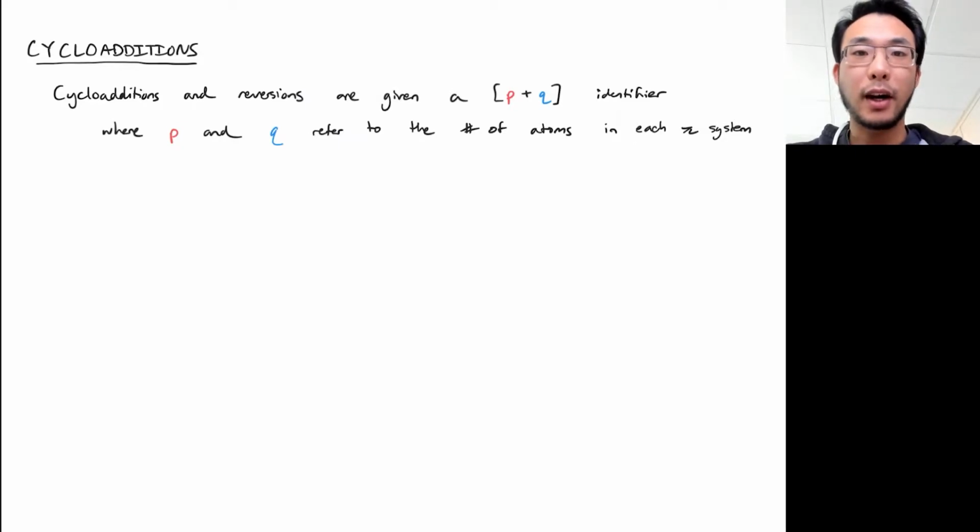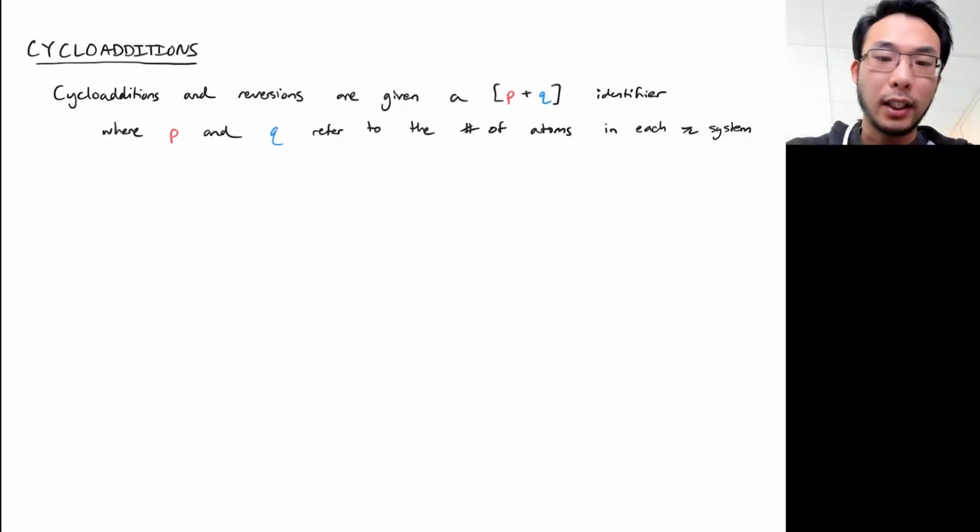Cycloadditions and the opposite process, cycloreversions, are given a nomenclature or an identifier, which is going to look like this right here. So it's a bracket and then a number plus a number. These two numbers indicate the number of atoms that are involved in that cycloaddition.